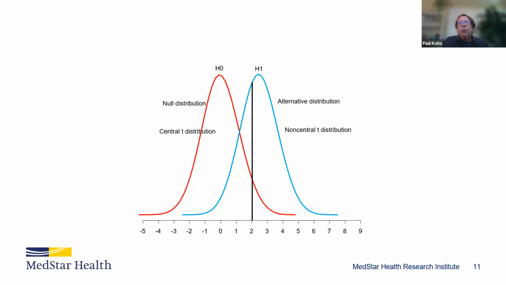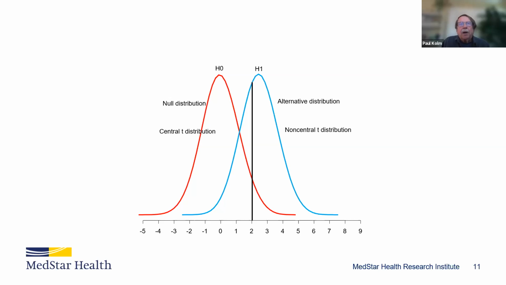The distribution in blue is our alternative distribution. This is referred to as the non-central t-distribution. And so what we want to do here is get a trade-off between the alpha error rate and the beta error rate, or the alpha error rate and power.